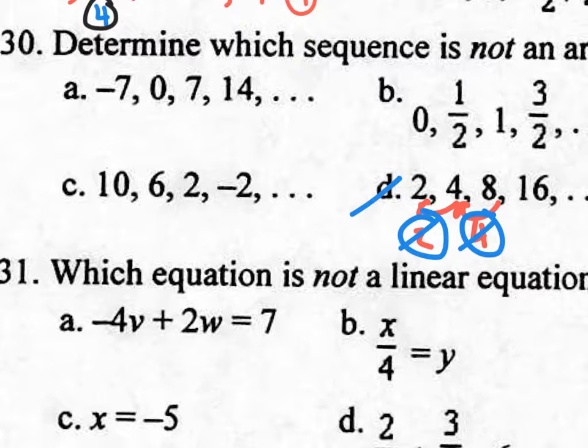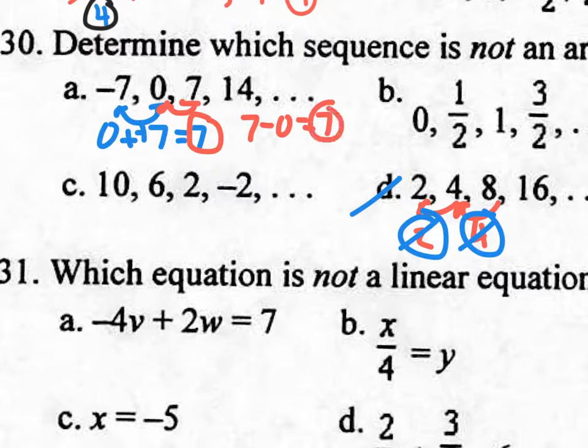Okay. Let's try option A. If I pick a number like 0 and subtract the one before it from it, it's going to be 0, take away a negative 7. So we know that that's going to be positive 7, because a minus minus changes to plus plus. And then if we go 7 take away 0, 7 take away 0 is 7. So far there is a common difference, but it has to work for all of them.